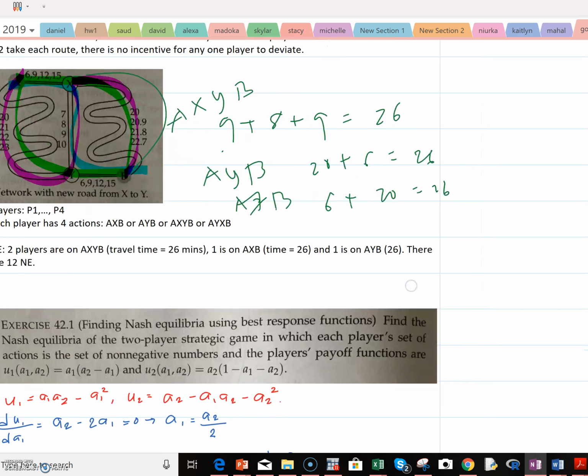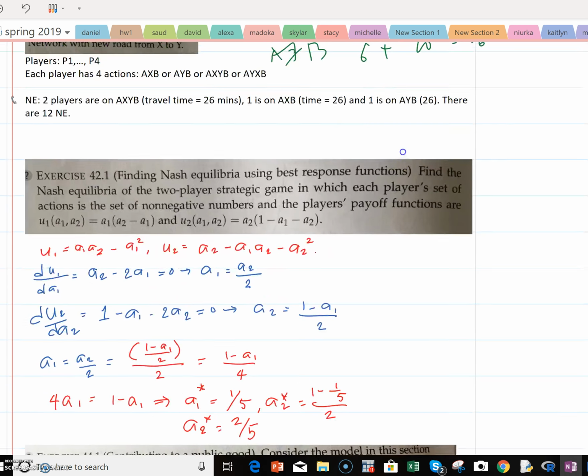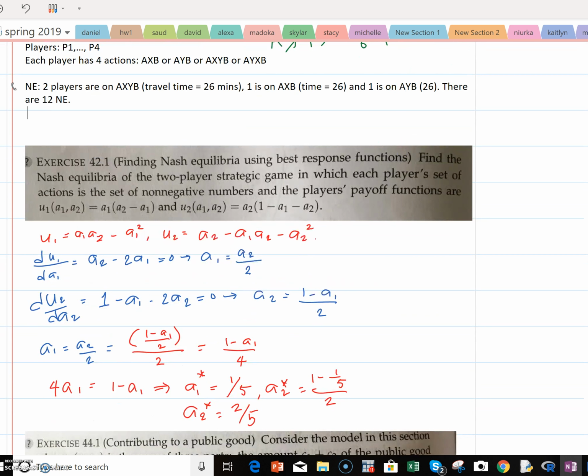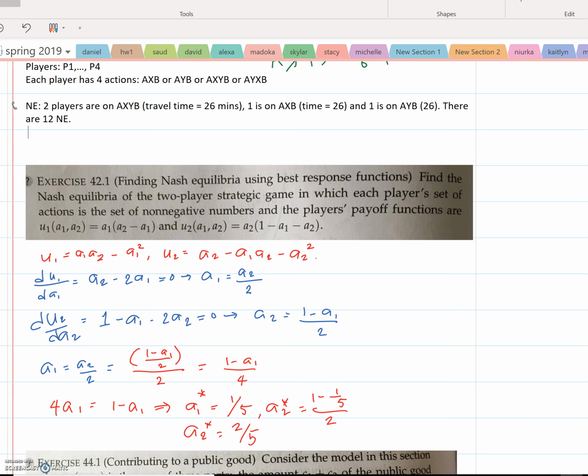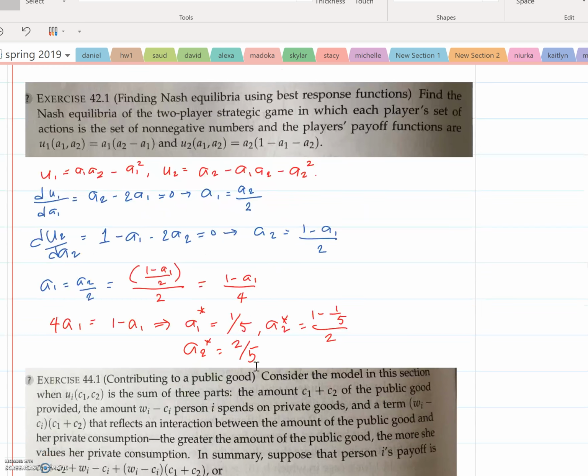All right. Okay, so now let's go to exercise 42.1. In this one, you have the utility of 1 and the utility of 2. Take the derivative of u1 with respect to a1 and equate it to 0.